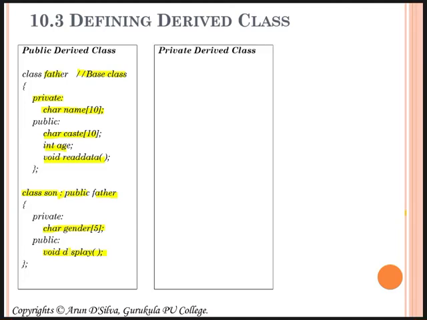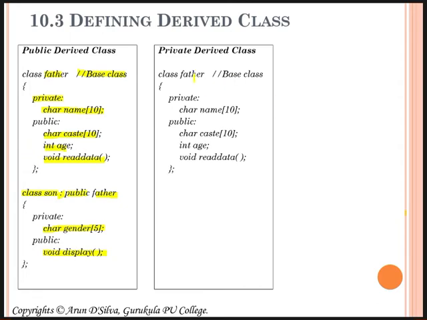Similar way, let me show you the private derived class. This is just defining the derived class. I have used the same base class, class father, and in the private section I used name, and in the public section I used caste, age, and member function readdata.